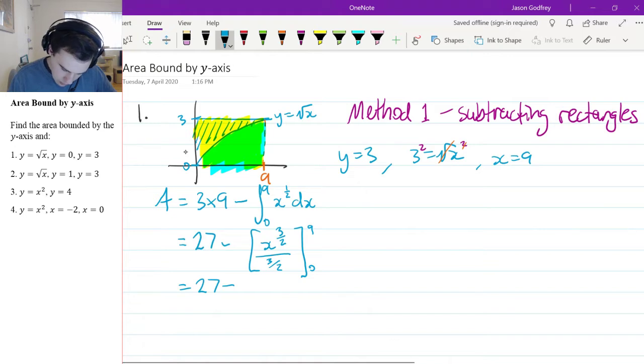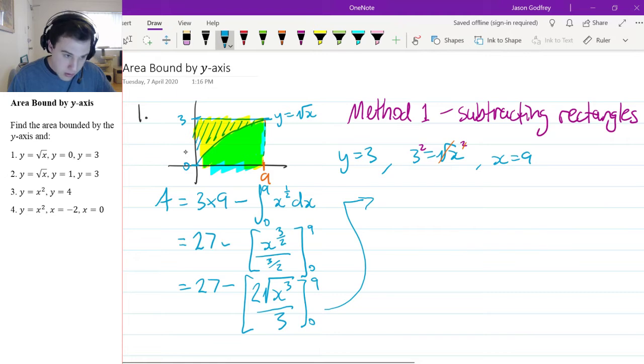Then we've got x cubed, and over 2 in the power means square root, and 3 over 2, when we divide by a fraction, we can times by the reciprocal.